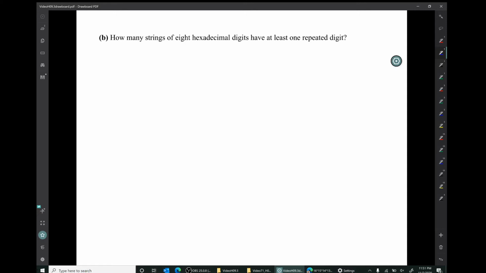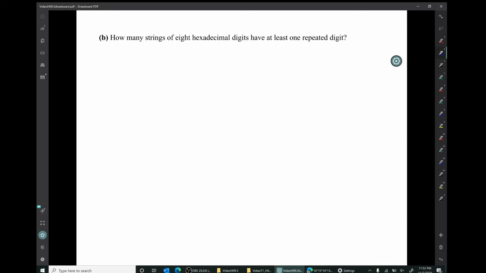We'd have to count the number of strings that have exactly one repeated digit, the number of strings that have 2 repeated digits, maybe one repeated number 3 and one repeated number 7, or maybe a 3 repeated twice, or maybe a 3 repeated 5 times and a 7 repeated just twice. There are all sorts of combinations of different kinds of strings where there's at least one repeated digit.